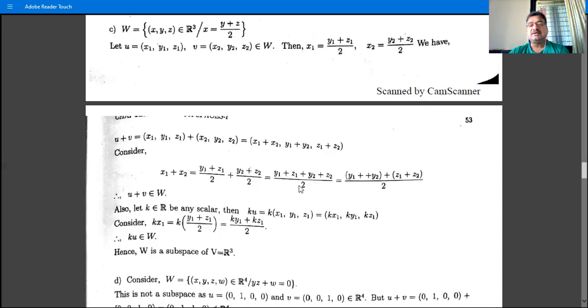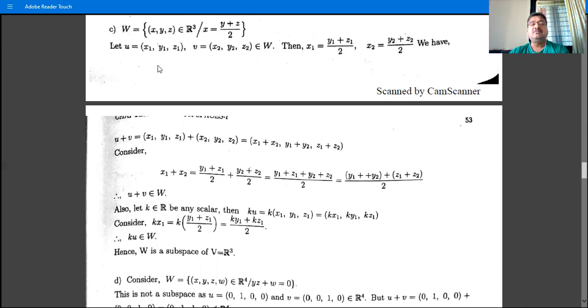Taking 2 as the LCM, we have y1 plus z1 plus y2 plus z2, and then (y1 plus y2 plus z1 plus z2) by 2. That is, x1 plus x2 is equal to (y1 plus y2 plus z1 plus z2) divided by 2, arranging the terms in sequence. And therefore, u bar plus v bar belongs to W.